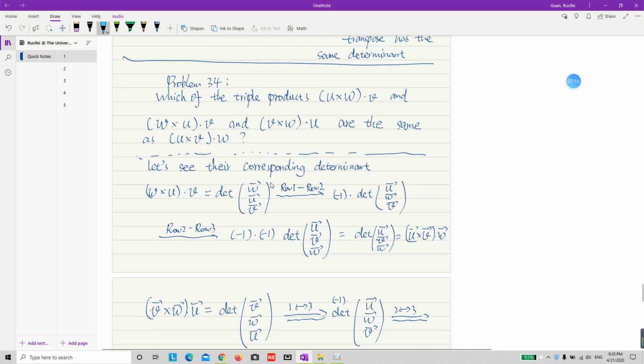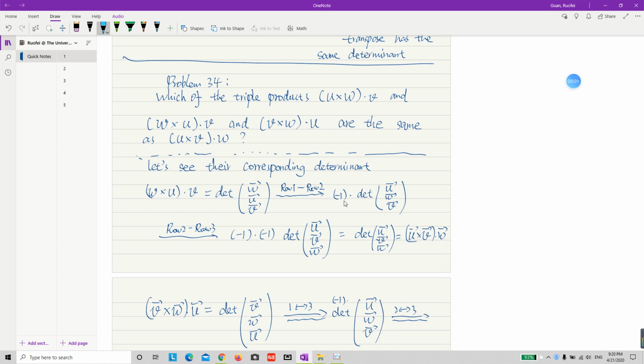So first let's see w, u, v. (w cross u) dot v is the determinant of w, u, v, right? You just list these three vectors as the rows of this matrix. Then we can exchange row 1 and row 2, and we get minus 1 times the determinant of u, w, v. Every time you exchange two rows, you get a factor of minus 1.